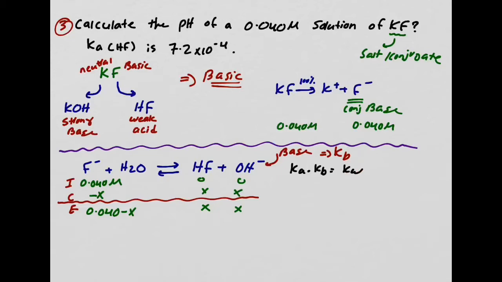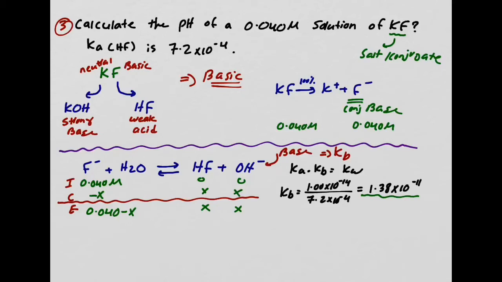So KB is going to be KW, which is 1.00 times 10 to the minus 14, over Ka, which is 7.2 times 10 to the minus 4. If I divide this, what I end up getting is 1.38 times 10 to the minus 11. And that is going to be my KB.